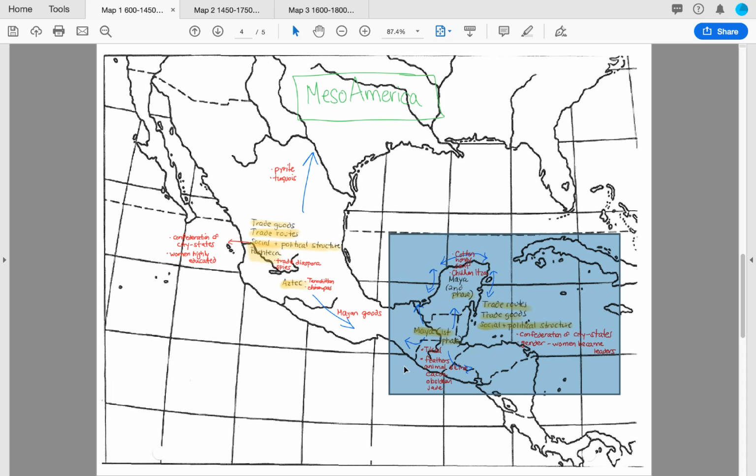Then in the middle, we have intermediate trade goods. Intermediate trade goods are goods that are going to be transported over a bit longer distances. But the reason for that is because of the nature of the good itself, and that it has this thing called value added. Now, what does that mean?